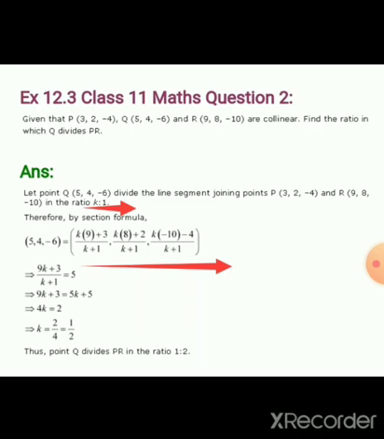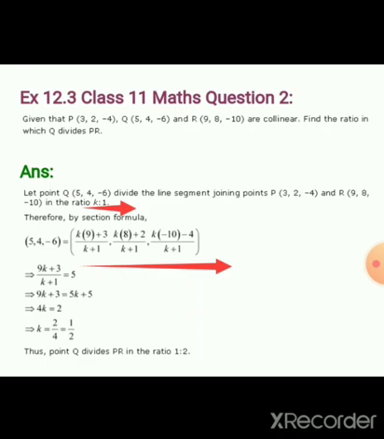After simplification, you will get (5, 4, -6) equal to 9k plus 3 divided by k plus 1, 8k plus 2 divided by k plus 1. Next, the third coordinate is minus 10k minus 4 divided by k plus 1. So here corresponding values are equal, that is x coordinate equal to x, y coordinate equal to y, z coordinate equal to z.